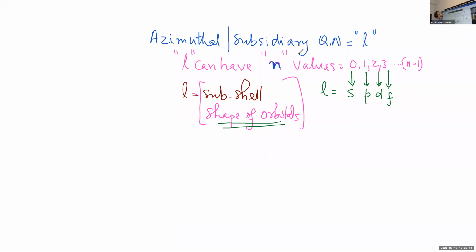Let us apply these values for various shells. Let us start from the K shell. Let us think of the n value, and what will be the possible L values. You come to the K shell.